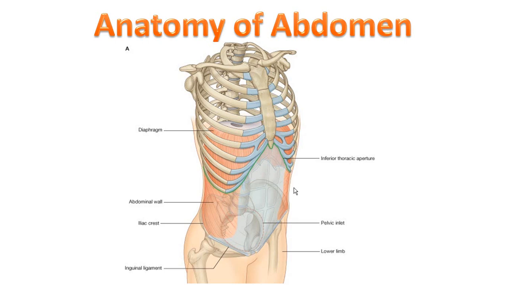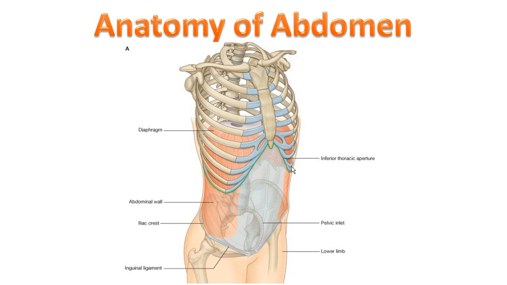And on each side it is separated from the posterior abdominal wall by the mid-axillary line. Thus, above we have the xiphoid process and costal margin on the right and left side, and inferiorly we have the iliac crest and inguinal ligament and pubic tubercle and pubic crest and pubic symphysis.